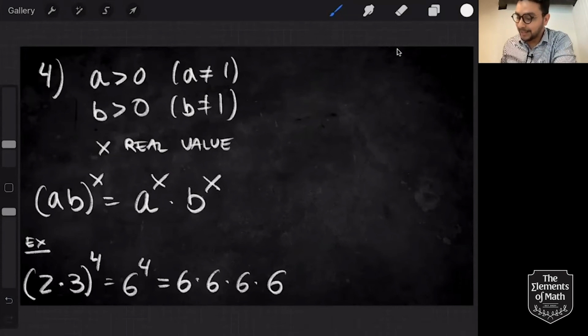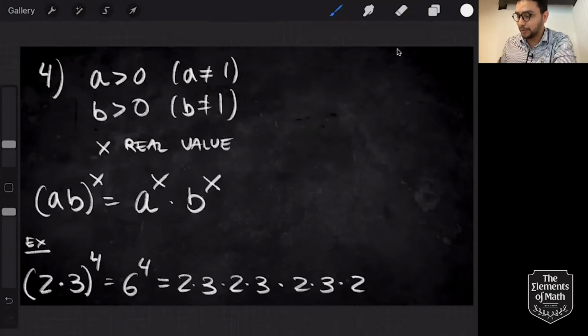So instead of looking at 6 times 6 times 6 times 6, you can think that you actually have 2 times 3 times 2 times 3 times 2 times 3 times 2 times 3, 4 times, right? 1, 2, 3, and 4.